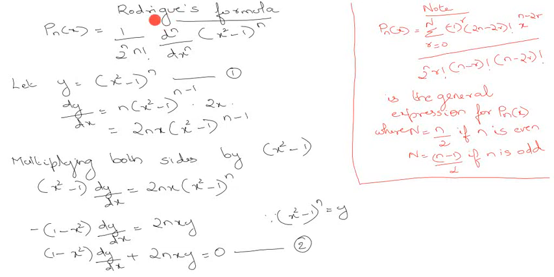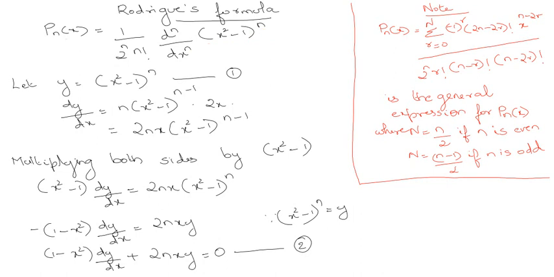Hello. Next topic is Rodrigues' formula for Legendre polynomial, which is Pn of x is equal to 1 by 2 raised to n into n factorial into d^n by dx^n of (x square minus 1) the whole raised to n.